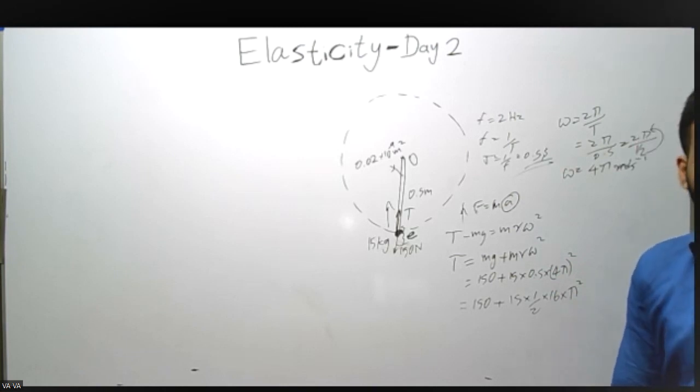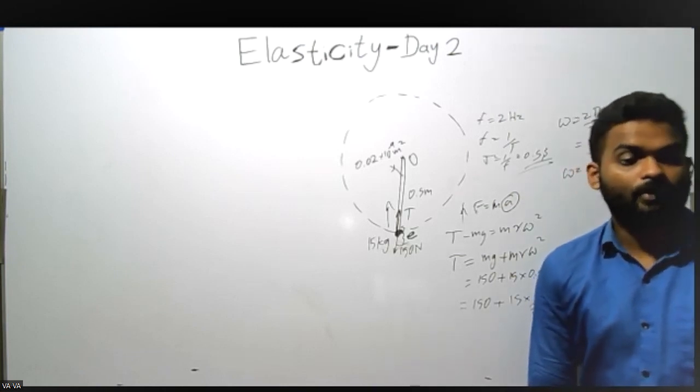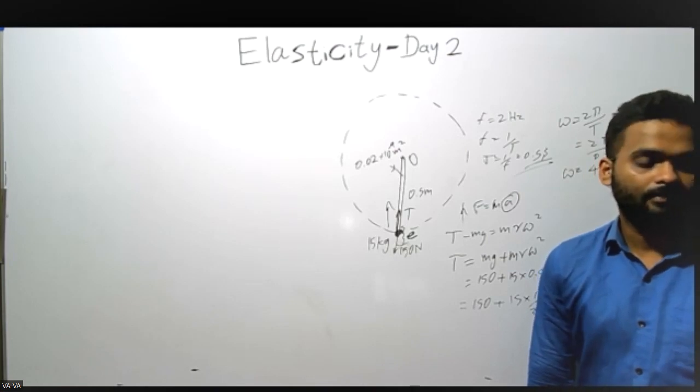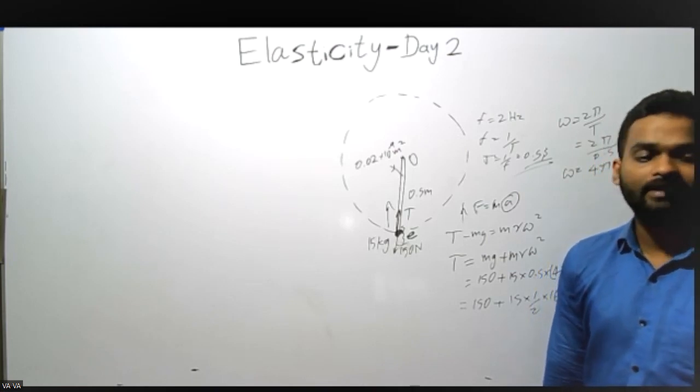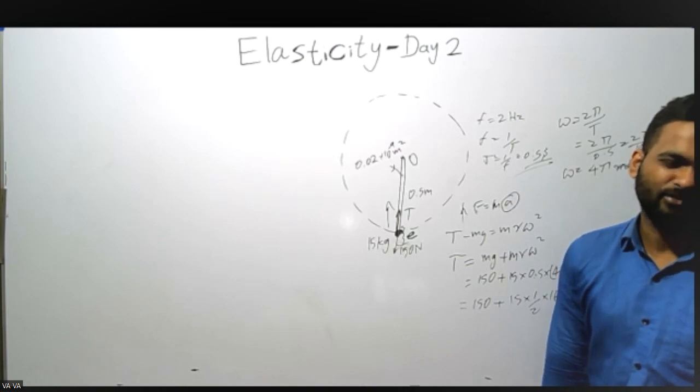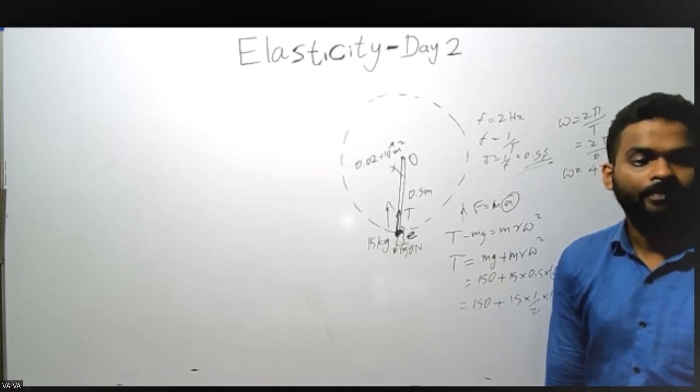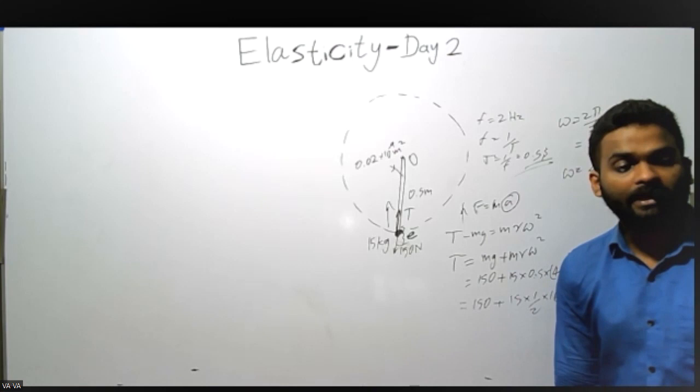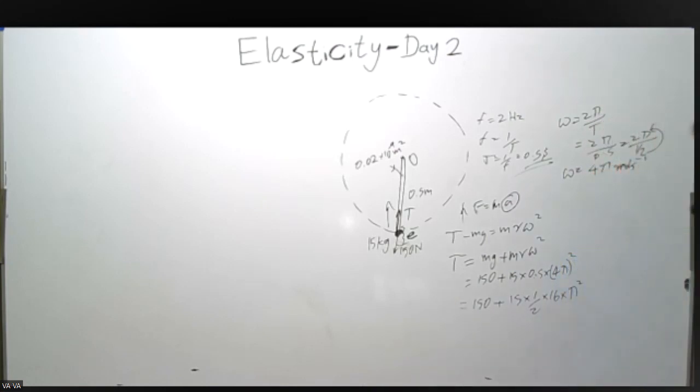Since this is an MCQ, right? You can do an approximation to get the answer. You know that pi squared is actually 9 point something, but you can take it to be equal to 10, right? Because this is MCQ. Otherwise, you have to apply 22 over 7. So pi squared is equal to 10.